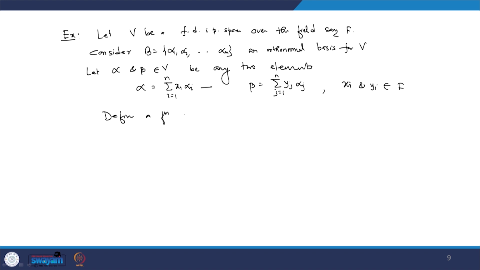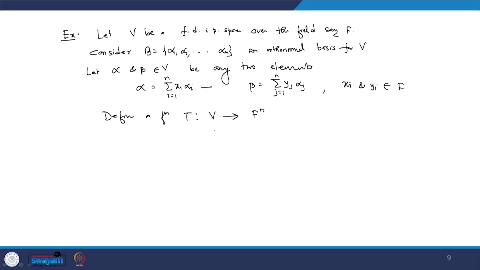Now, if I define a function T from V into F^n, where F^n is the space of all n-tuples, and of course it is also an inner product space, where the inner product in F^n is the standard inner product. So, if I define a map T from V to F^n like alpha goes to its coordinates x1, x2 and xn, then certainly T is a linear transformation from V into F^n.